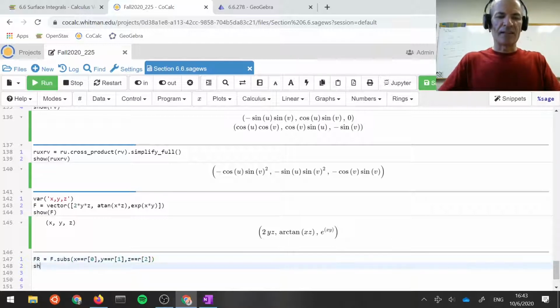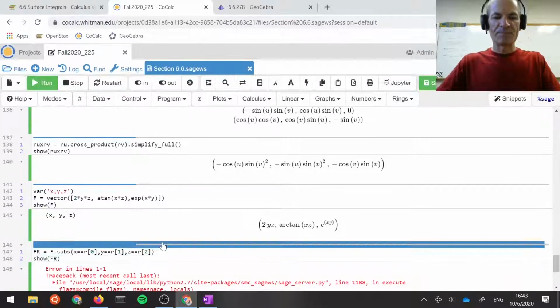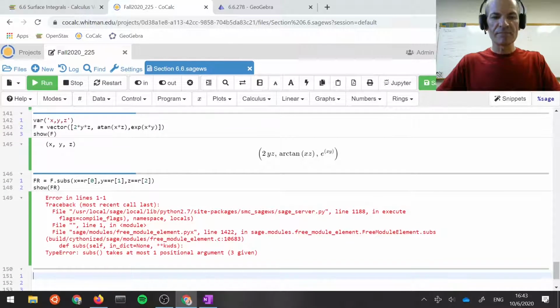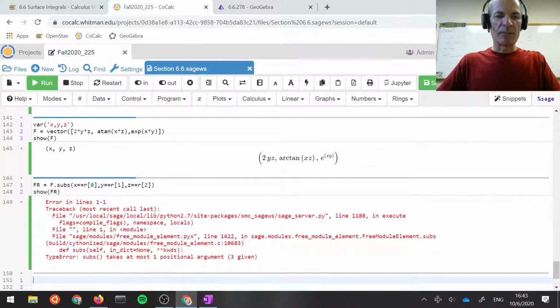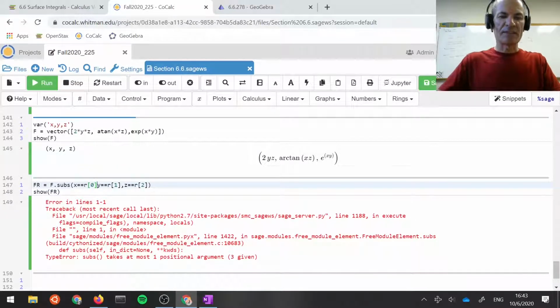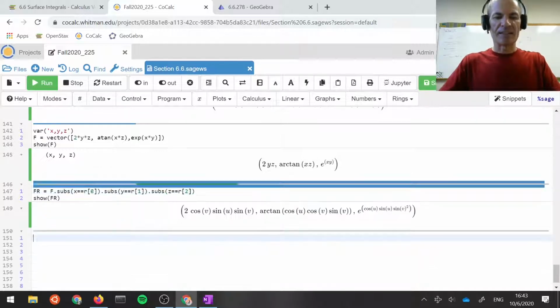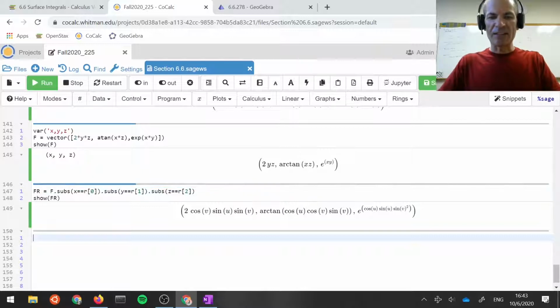And let's see what that looks like. Oh, I vaguely remember this. The vector doesn't want a list like that, so I have to separate them out. I think this will work. There we go. All right, so that's what that looks like.